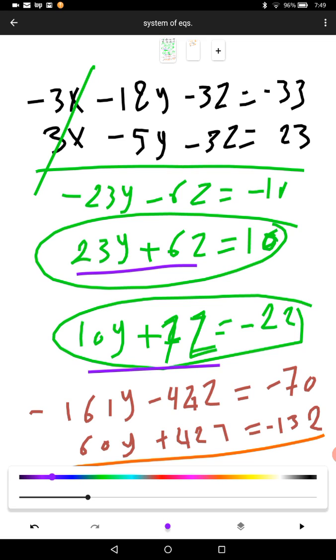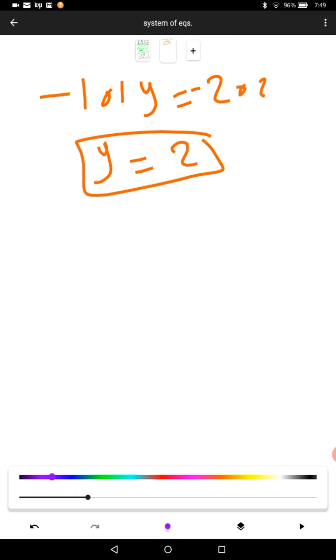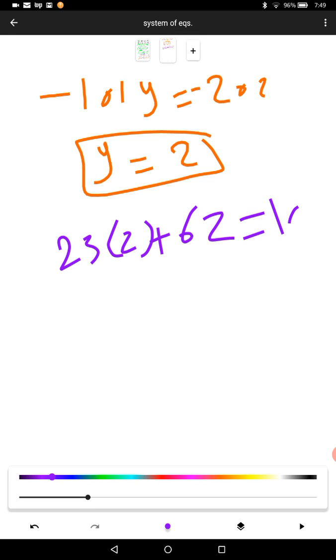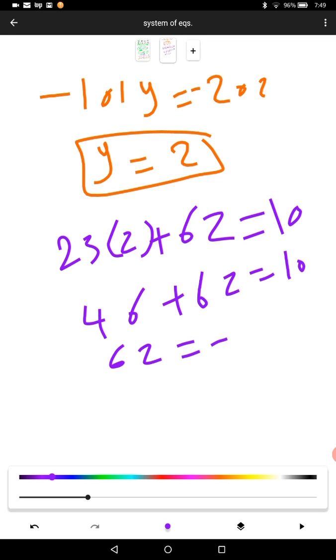So if you plug 2 into the second equation, which is 23y plus 6z equals 10, with y equal 2, 23 times 2 plus 6z equals 10. 46 plus 6z equals 10, subtract 46, so 6z equals negative 36.